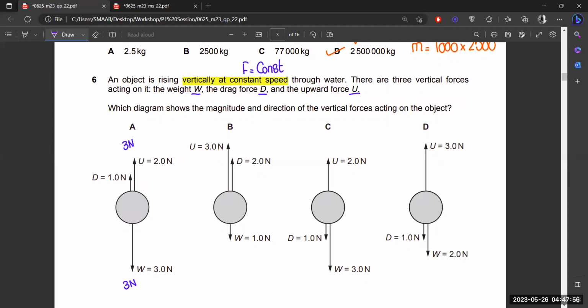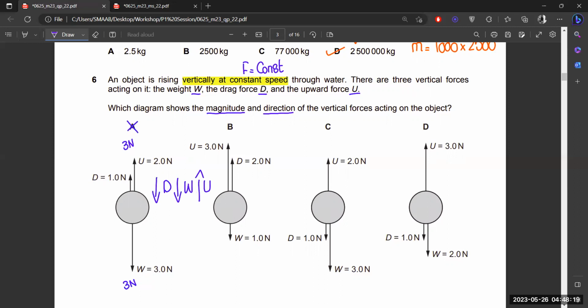So when the object is rising vertically, the direction of drag force must be downward. So drag must be downward, weight must be downward, only U, the upward force, is upward. So you need to identify the direction, that is also mentioned, magnitude plus direction. So A is not the right choice.